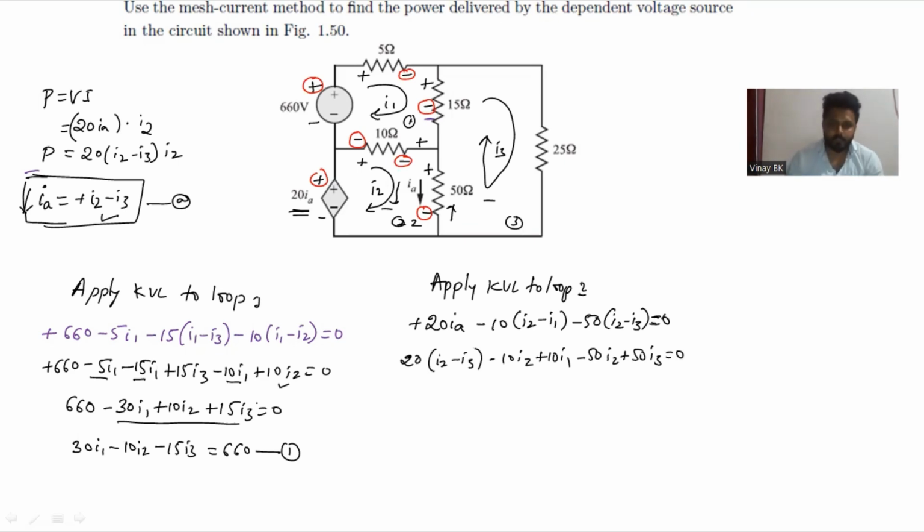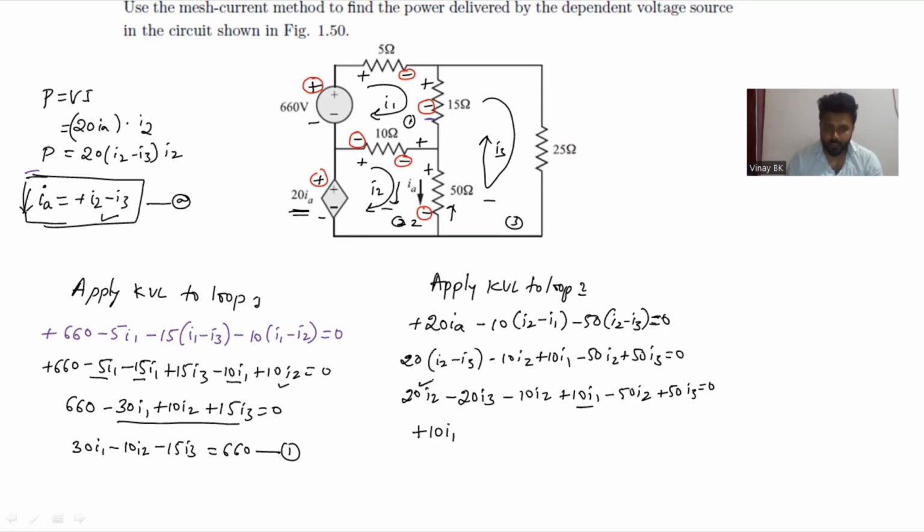I'll open this bracket also. So now we get 20 I2 minus 20 I3 minus 10 I2 plus 10 I1 minus 50 I2 plus 50 I3 equals 0. So now rearranging and simplifying this equation, you have only one I1, that is plus 10 I1.